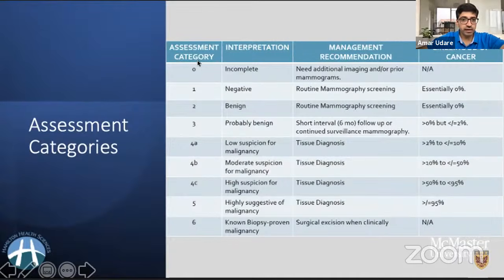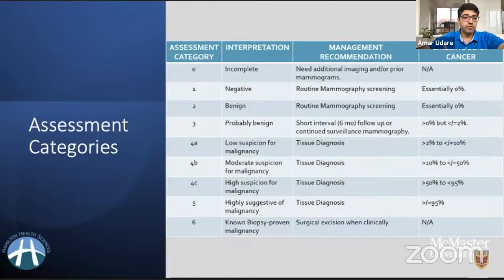There will be categories such as 0, 1, 2, 3, 4A, 4B, 4C, 5, and 6, depending on your level of suspicion for malignancy or whether you feel that the lesion is benign. So you can find all of this information on the ACR website. These cards are easily available to download.